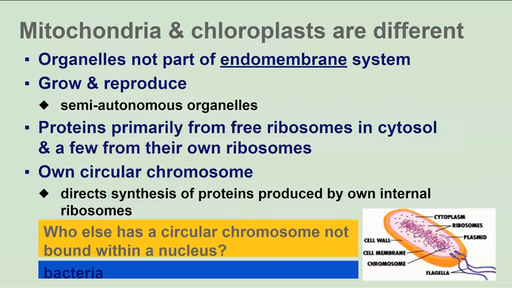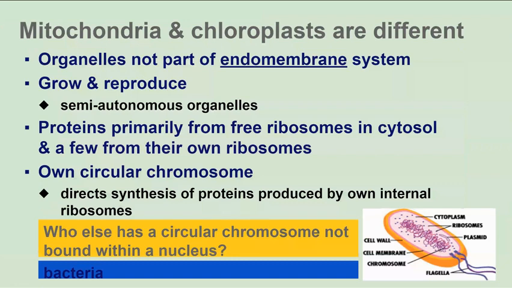Okay, so mitochondria and chloroplasts are similar to each other, but they're different from other parts of the cell, different from other organelles. So they are not part of the endomembrane system.